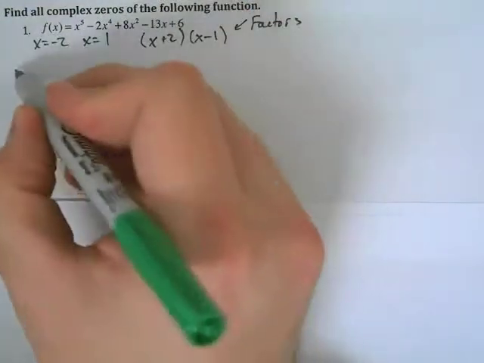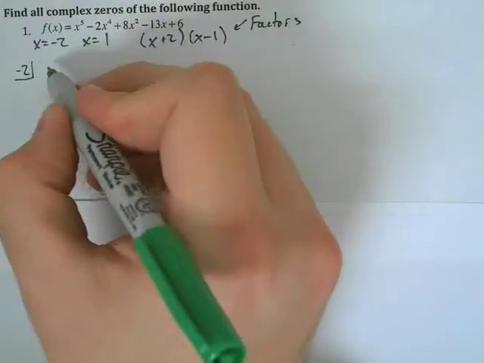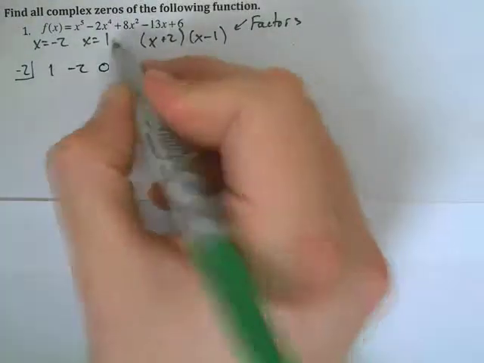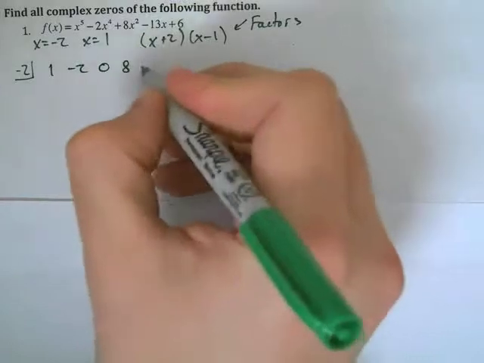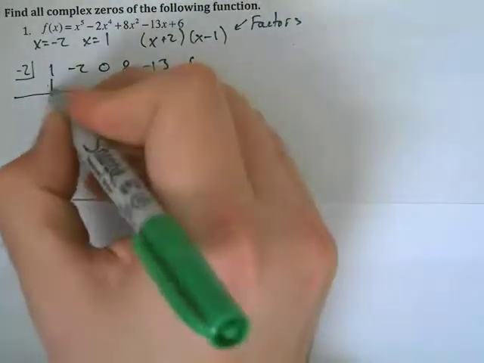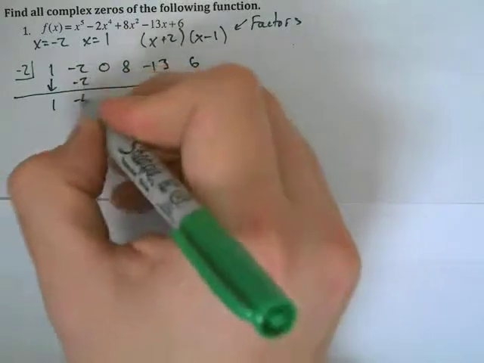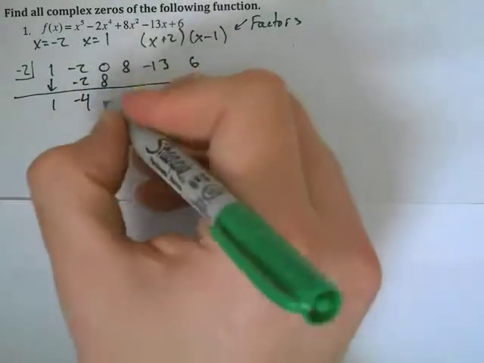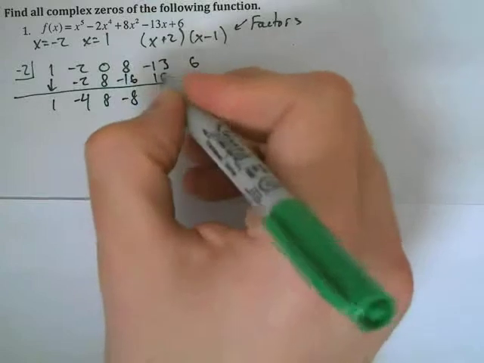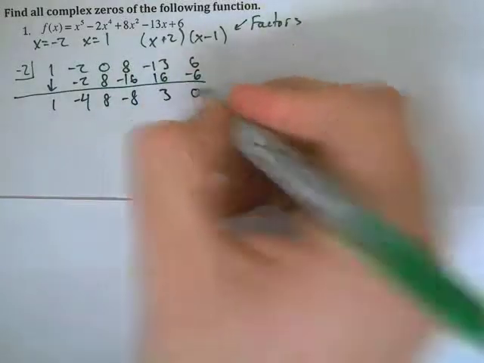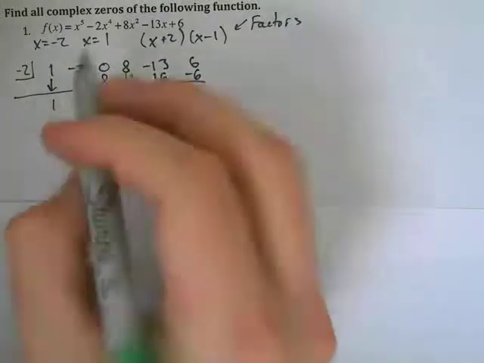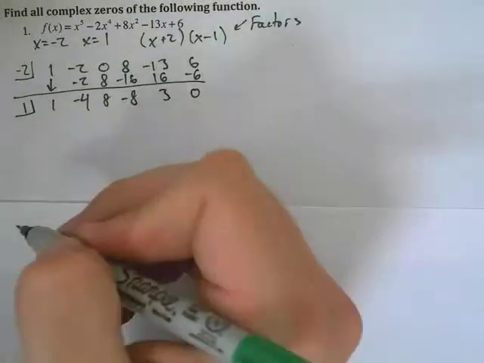So what I'm going to do is take -2 and factor out x plus 2. 1, -2. I'm going to use a 0 for the x cubed term because there's no x cubed. 1, -2, -4, 8, 8, -16, -8, 16, 3, -6. Okay, sure enough, we get a remainder of 0. If you didn't, you know you did something wrong. And then I'm going to factor out x minus 1.